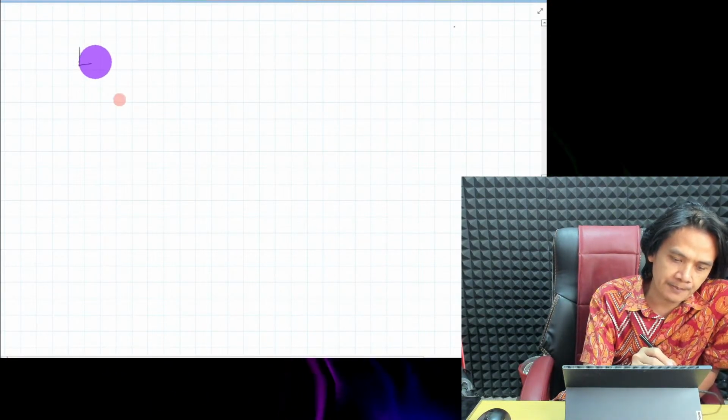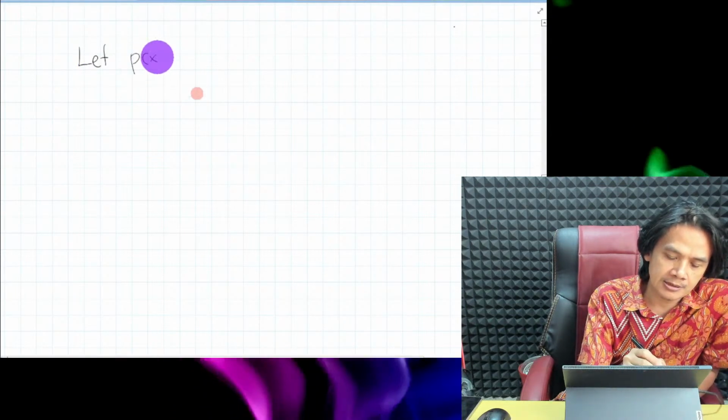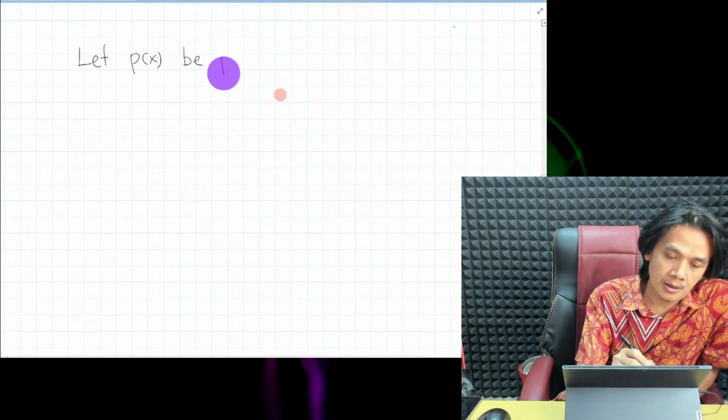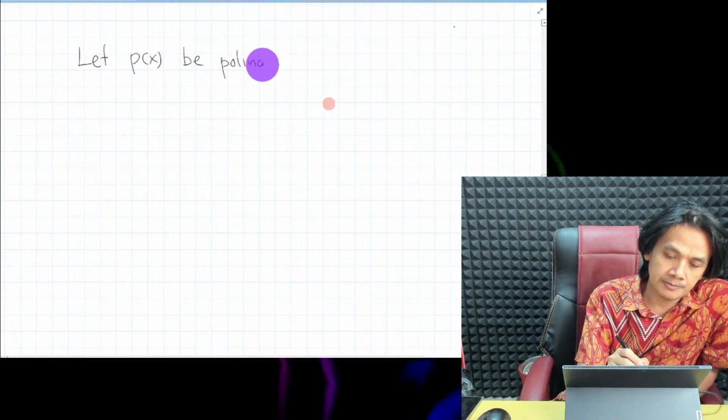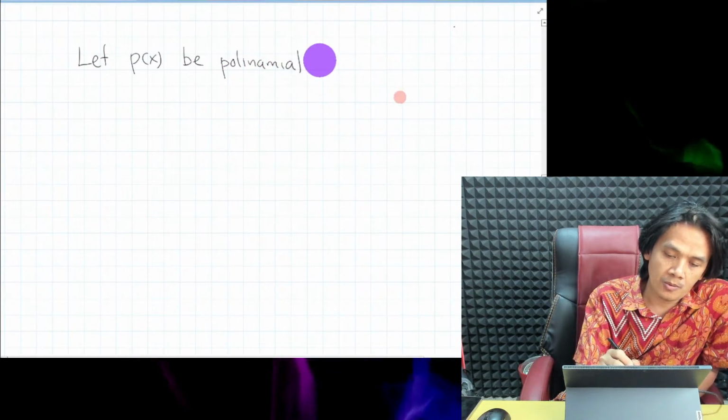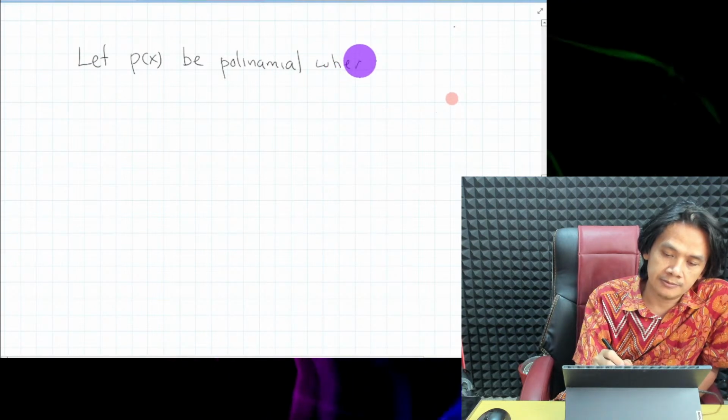So let p of x be a polynomial where all the roots are real.